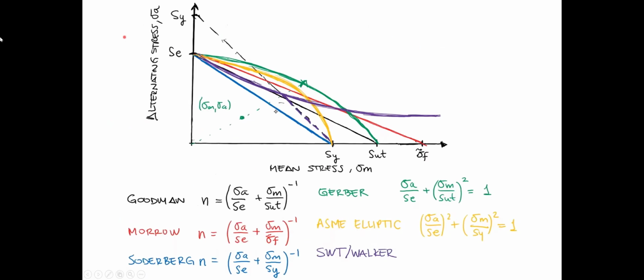So this is what we already learned last semester, the different failure criteria. For springs, we usually use the Gerber criteria, for this line.